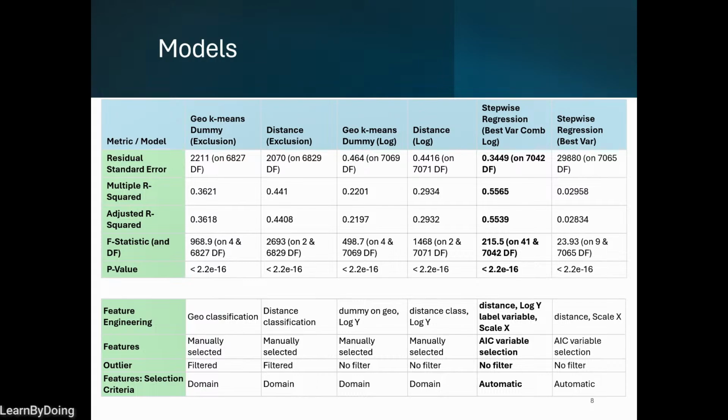Because here you see that we have many dummy variables in the stepwise regression, the best of our combos, the log model. So when you interpret such a complicated model in a business scenario, it's very hard. So you need to have a balance.